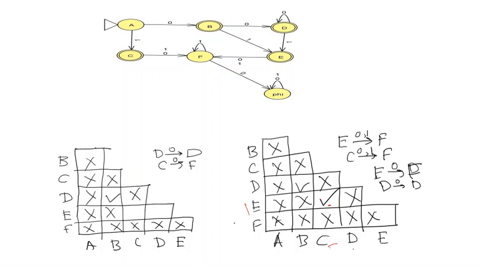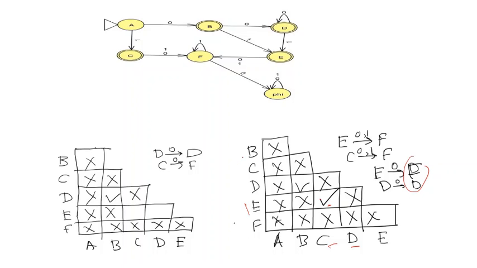Now check D and E. From D taking 0 goes to D, and from E taking 0 goes to F. So DF is already a distinguishable state, so you mark it with a cross.